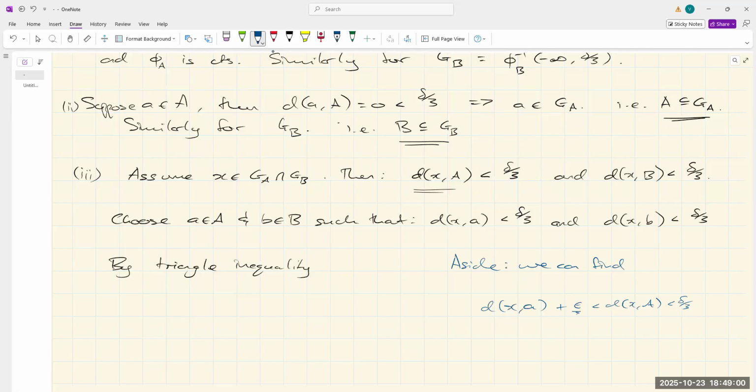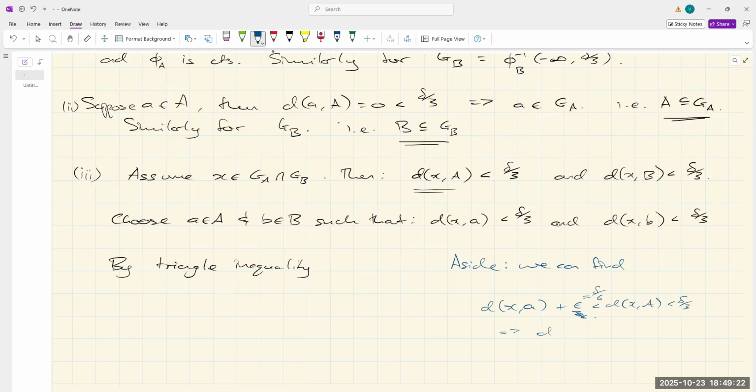So I just need to make epsilon here less than, maybe I can make epsilon equal to something really small like delta over maybe 6.